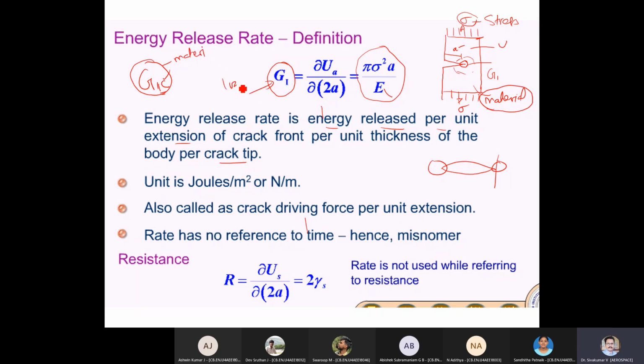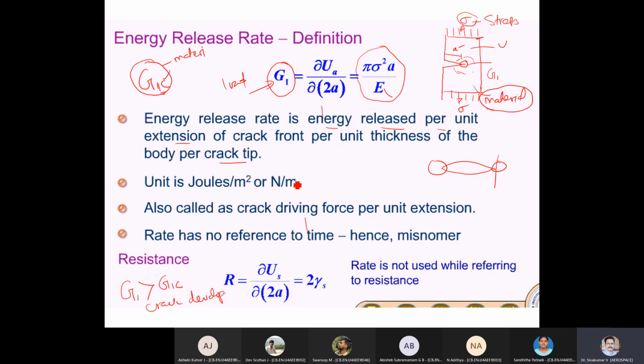This is because of the load it is coming. Now, how can we ensure whether the crack will form or not? If G1 is greater than its critical value, obviously the crack will develop. So that is what all it is.